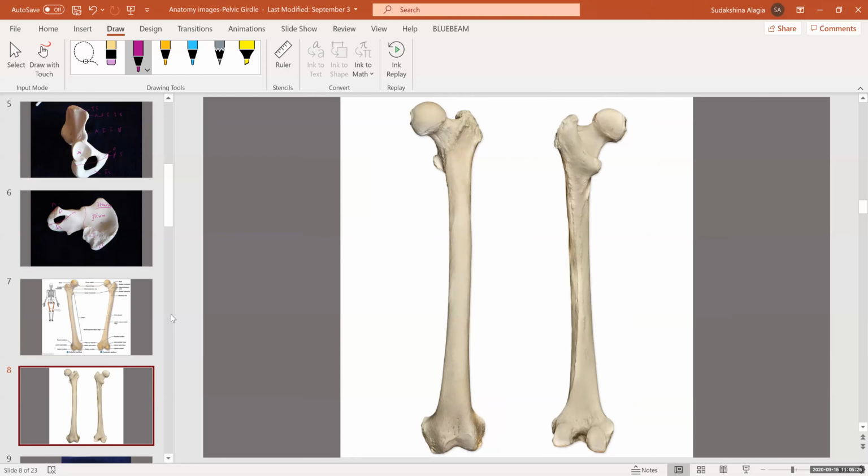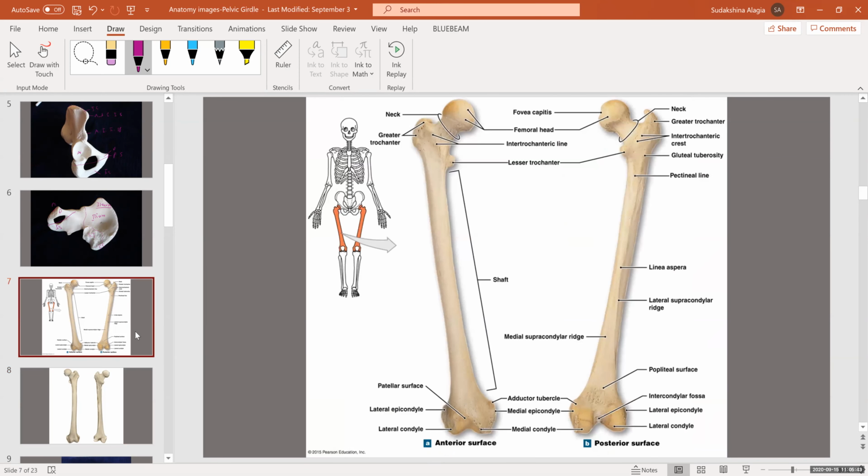It will be clear by looking at, first, let's identify the head area of the femur. Notice what the posterior surface has that the anterior surface doesn't. So the head of the femur is this nice, round, smooth part, the femoral head.